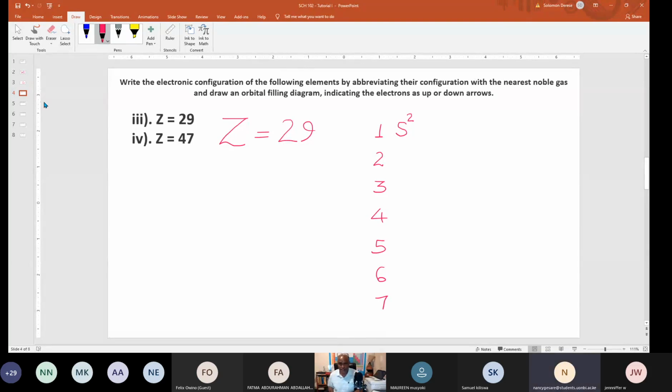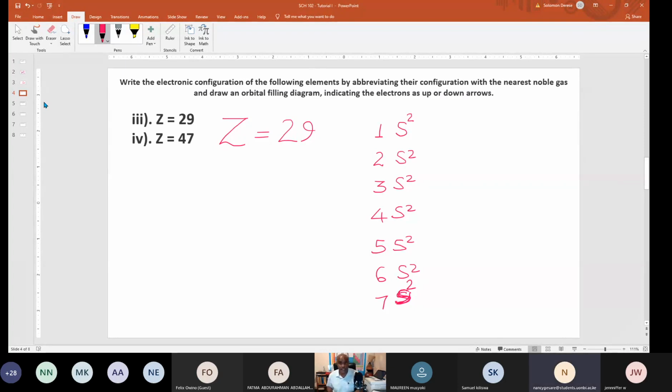So we have s here with 2 electrons, s here, s here, in all the shells. What makes the s in the first shell different from the s in the 7th shell is that the s in the first shell is 1s2, while the s in the 7th shell is 7s2.